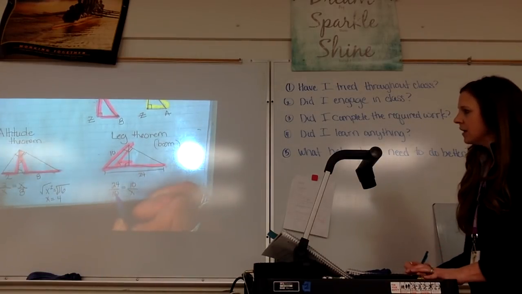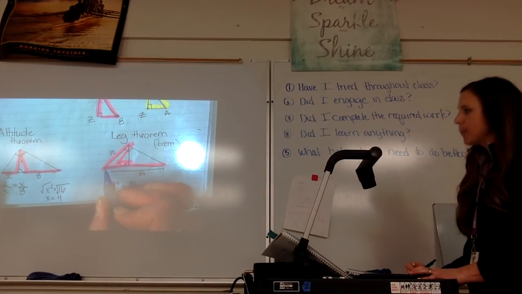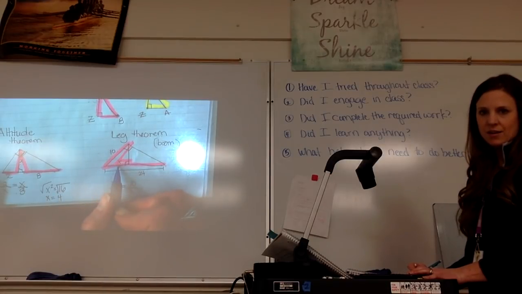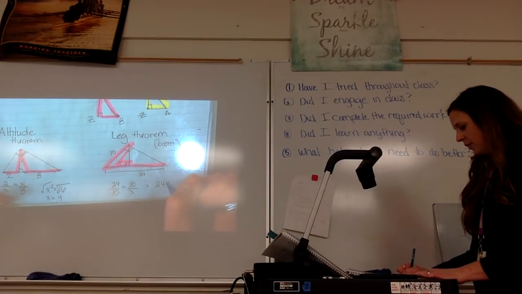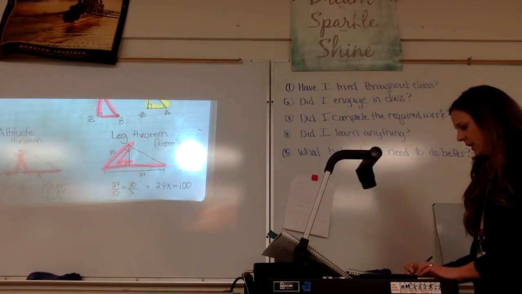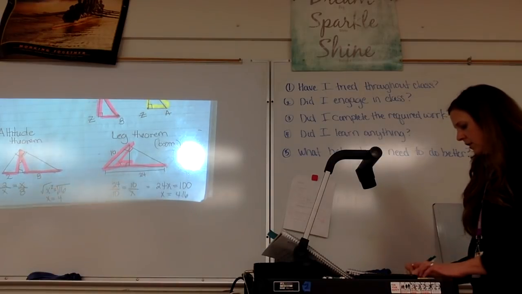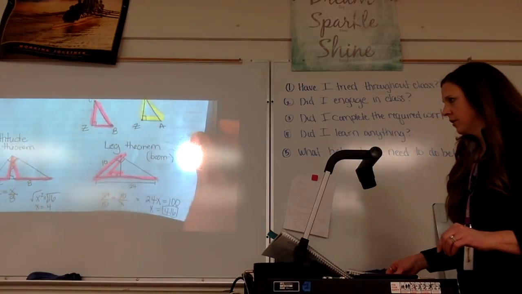So the leg is the geometric mean of the hypotenuse and the part of the hypotenuse that touches the leg. Okay, 24x equals 100. X is going to equal 4.16, approximately. I don't know if that was a rounded answer or not.